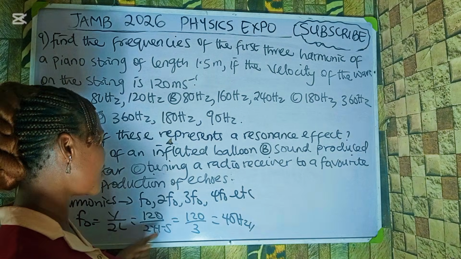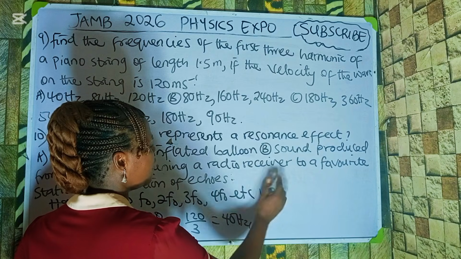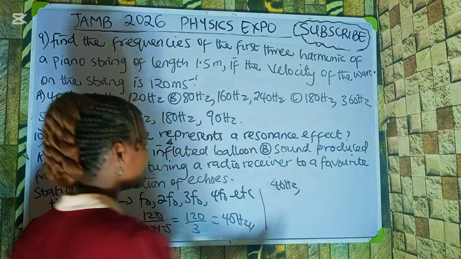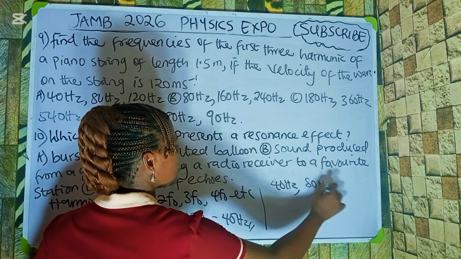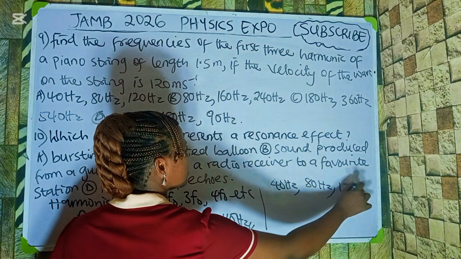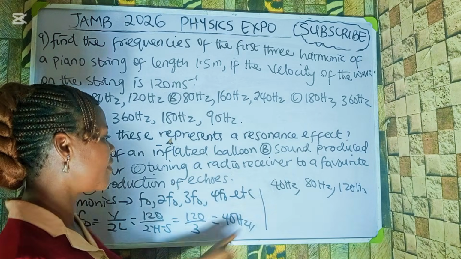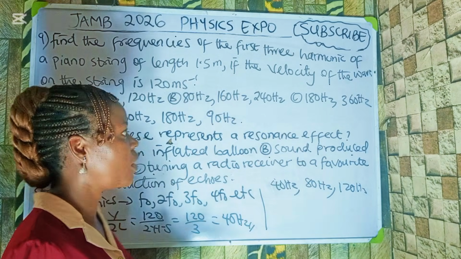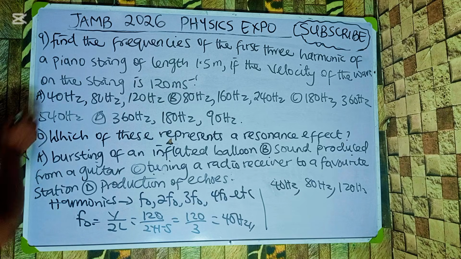For us to get the harmonics, the first harmonic is 40 Hz, followed by the second harmonic, 2 times 40, which is 80. The third one, 3 times 40, is 120. So the first three harmonics of a string are 40 Hz, 80 Hz, and 120 Hz. So this is how to solve this kind of question. If you have something like this, this is how you're going to solve it. And from what we've done so far, the correct option to the question is option A.